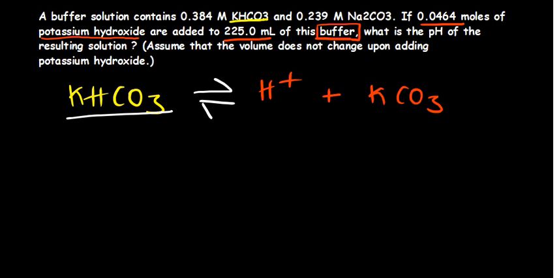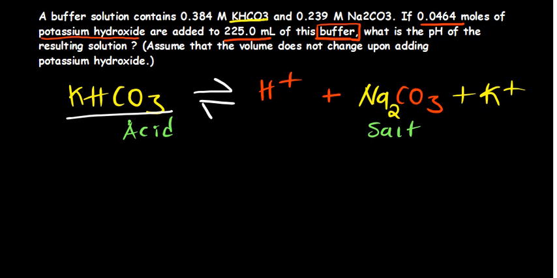Now what's basically happening again is we have sodium 2 carbonate. So this potassium can actually even go, so that you have sodium 2 carbonate plus the potassium there, and then of course you get to add potassium hydroxide. But the basic idea is this is our acid, and this is like our salt. You can think of it to be our conjugate base as well, so that you understand where we are going with our equation.